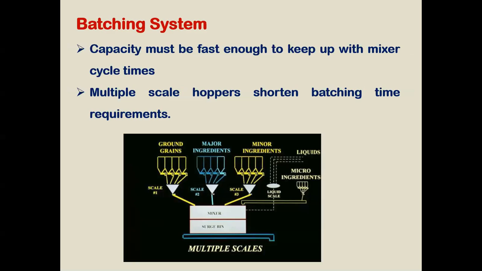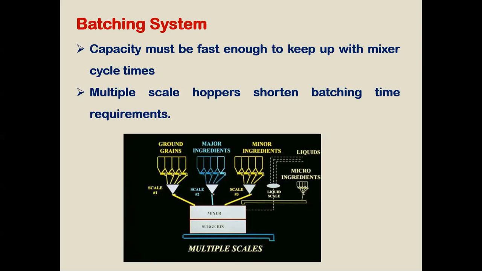In the batching system, the capacity must be fast enough to keep up with the mixer cycle time. It depends on the mixer cycle and the size of the mixer, and the mixer cycle time is very important in the batching system.